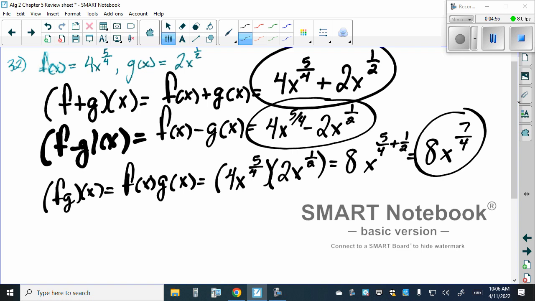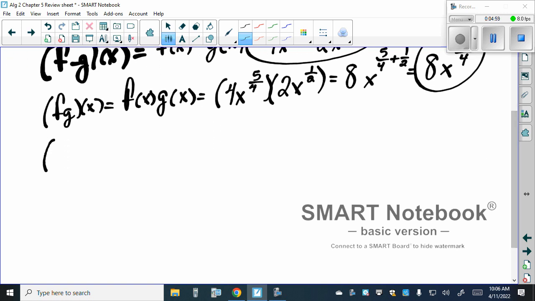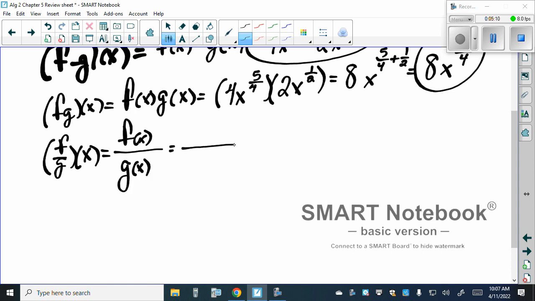Now the last one we have is division, which is our f divided by g of x. This is just saying that we're taking f of x and dividing it by g of x. Our f of x is 4x to the 5/4, and g of x is 2x to the 1/2.